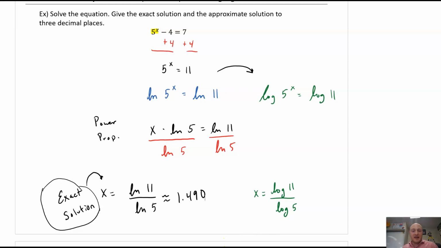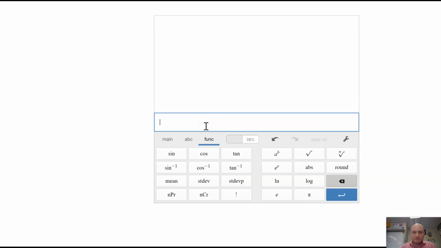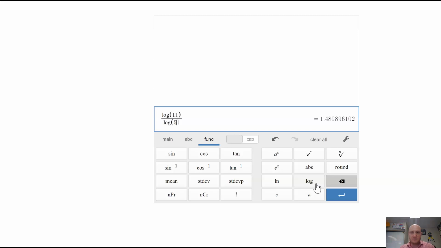So what do I mean they're exactly the same? If instead of the natural log I use the common log, log of 11 divided by log of 5, you get the same exact answer. So does it matter which logarithm you use? Nope, you can use whichever one you want.